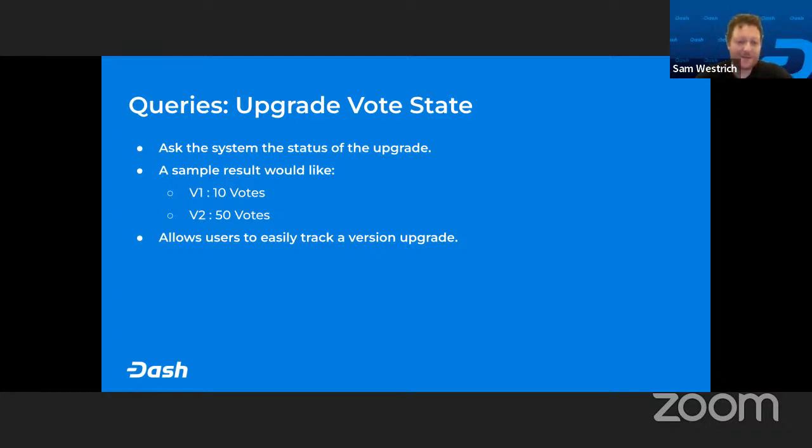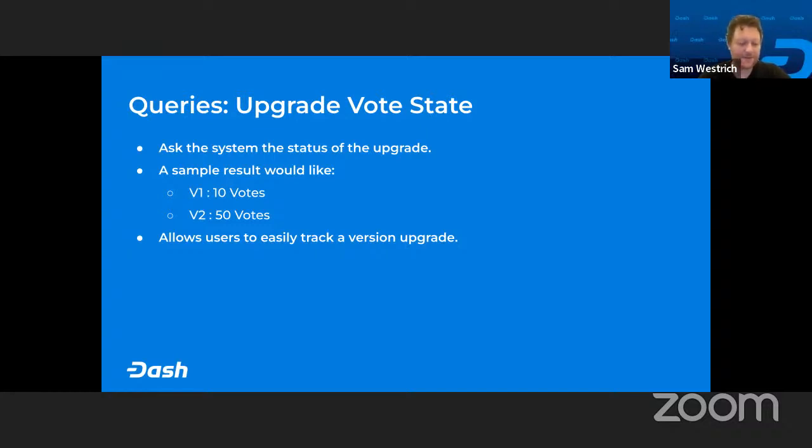Okay, so upgrade vote state. You ask the system for the status of an upgrade. Let's imagine we are going to version 2 on the network. The idea is that different Evo nodes are going to be voting for the version that they want, let's say they want to vote to go to version 2.